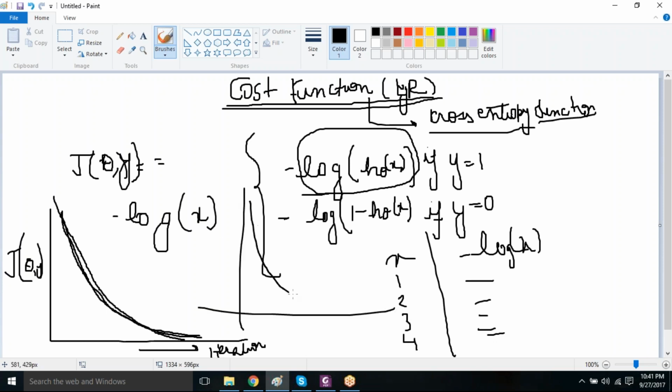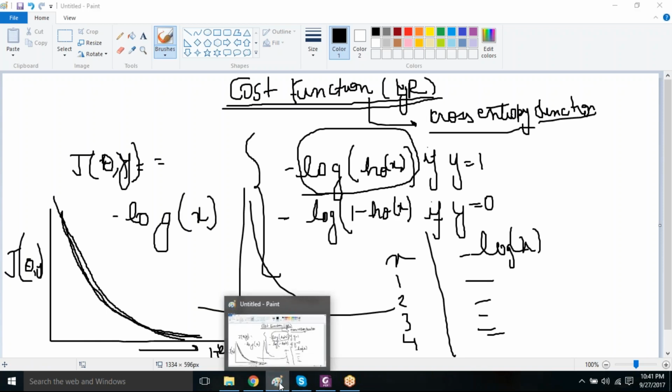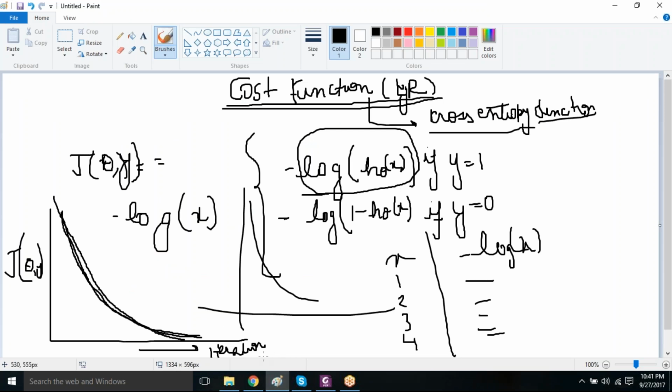You will get something like this. I also go very much into mathematics, but you don't need to go through all those things, because while implementing in Python, you will be using the sklearn logistic regression. That particular library will take care of this. But mathematically, you should understand this logic.